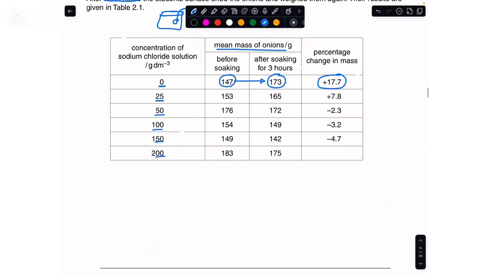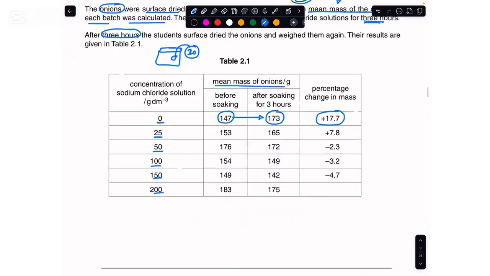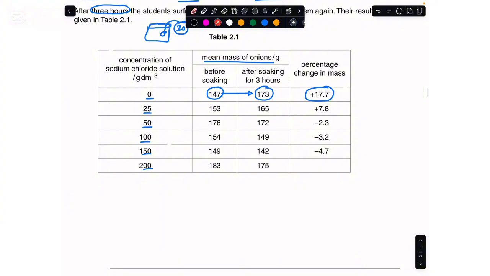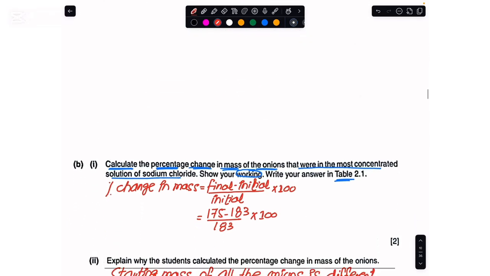Since I have to calculate the percentage change in mass, the final mass after soaking is 175 and the initial is 183. I take the difference between these values, then divide by the initial mass, and then multiply the value by 100 to get the percentage change in mass.